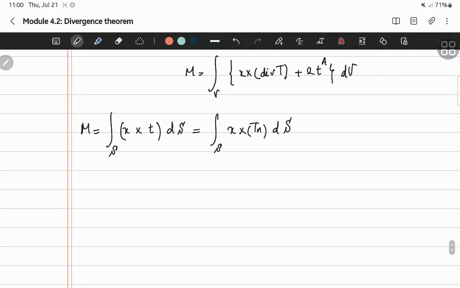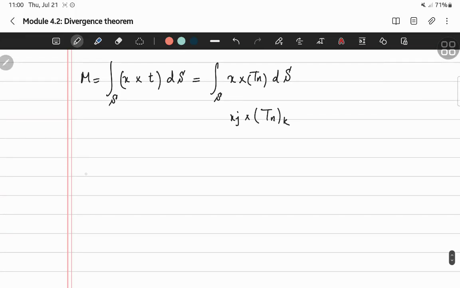So if you write this in index notation, then what we get in here, we have x_j cross, this is a vector, so we have t_n_k, right? Then we have M_i equal to the integral of x_j cross (t_n)_k dS, because this finally is going to give us a vector, so we put k in here.